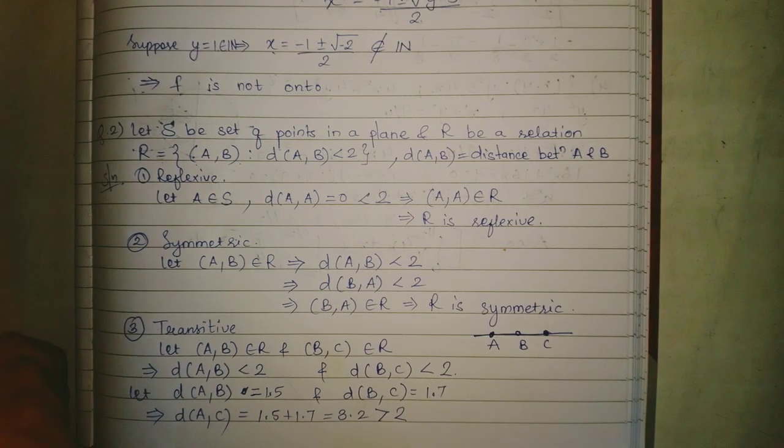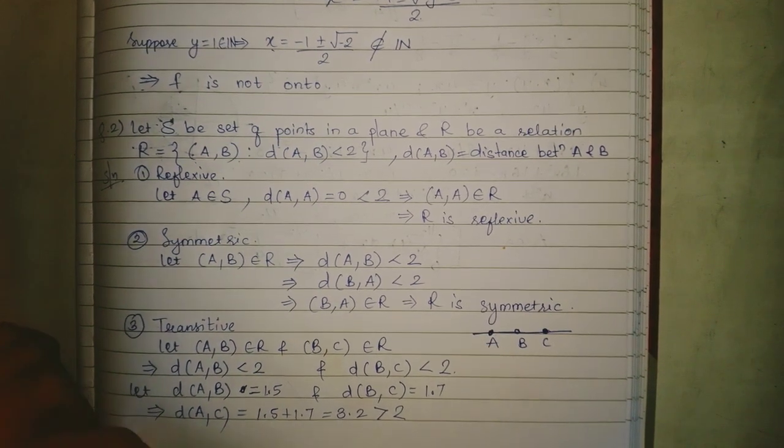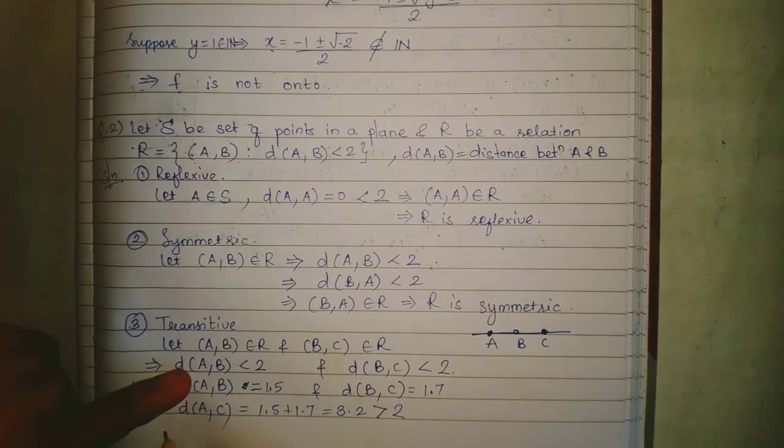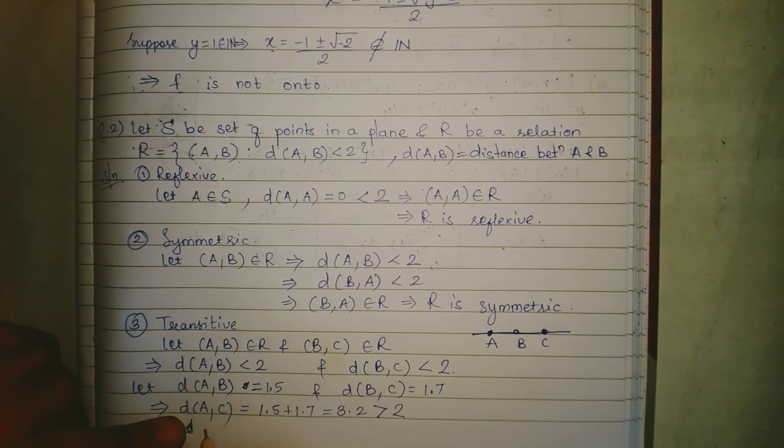So our property fails here. So we can say that (A, C) does not belong to R, and this shows that it is not transitive. So this is not an equivalence relation.